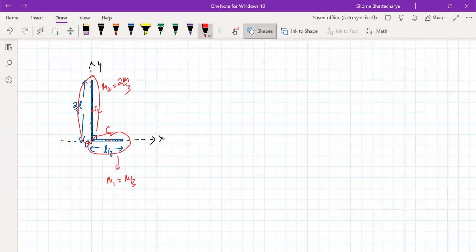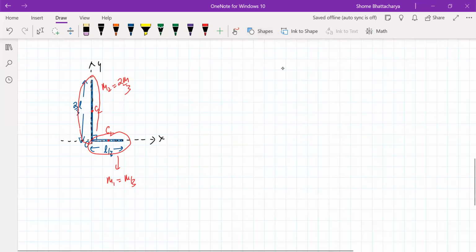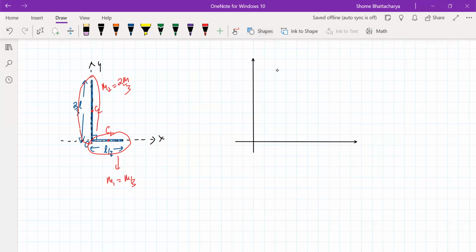So now we have replaced our original system with an equivalent two particle system, where the two particles are located at this position here and this position here.